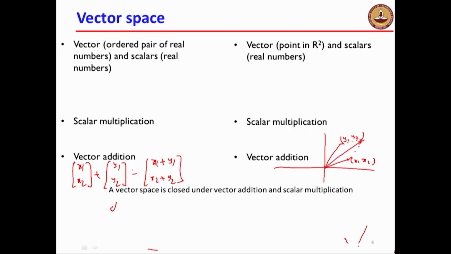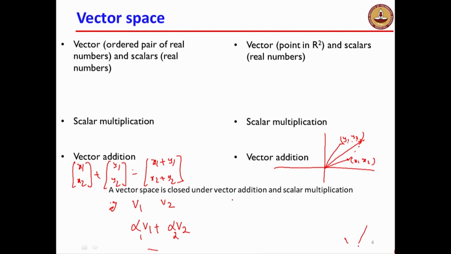So now suppose I call the 2 vectors v1 and v2. What can you say about alpha 1 v1 plus alpha 2 v2? It should also be a vector, right? Because alpha 1 v1 is a vector, alpha 2 v2 is a vector, and alpha 1 v1 plus alpha 2 v2 is also another vector.